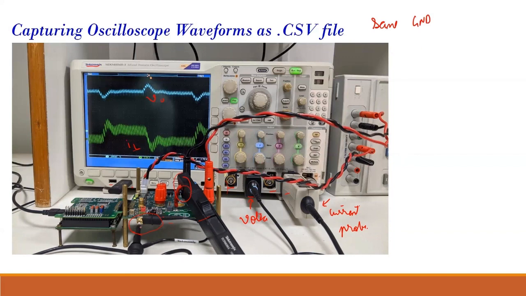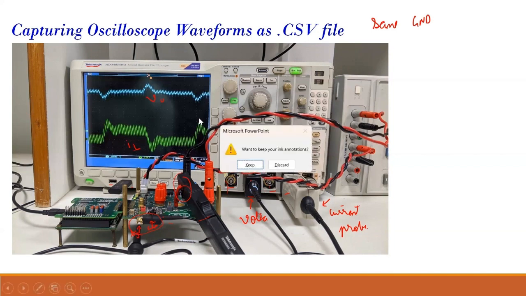If you see your voltage probe, this is your ground part, and this is your signal. So your voltage probe has two parts: one is the signal part, and one is the ground part. Now the ground of probe 1 should be the same as the ground of probe 2 and the same as the ground of probe 3. If not, you will be shorting those two terminals.